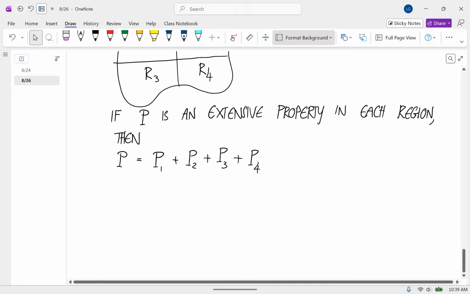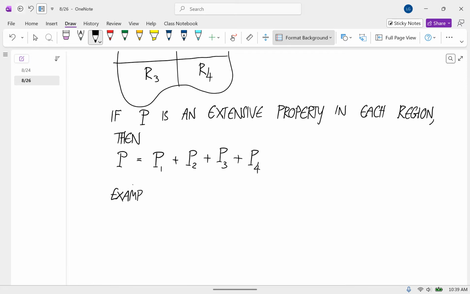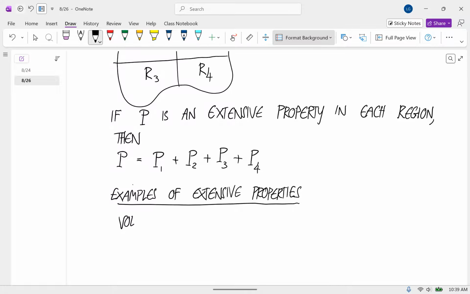So some examples of extensive properties: our volume, and we'll denote that with a capital V.